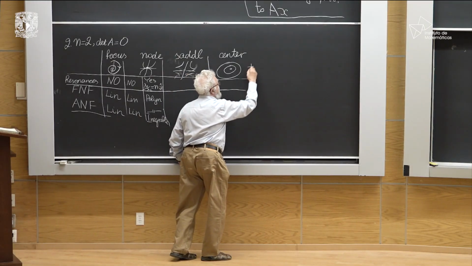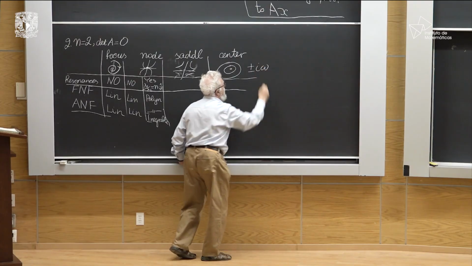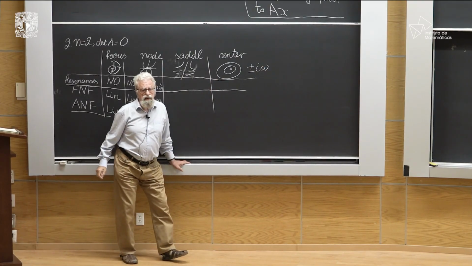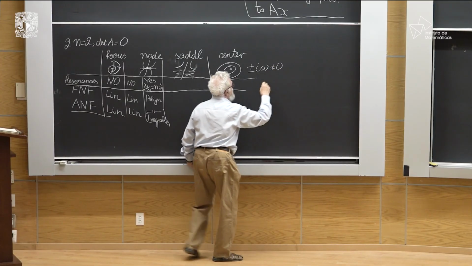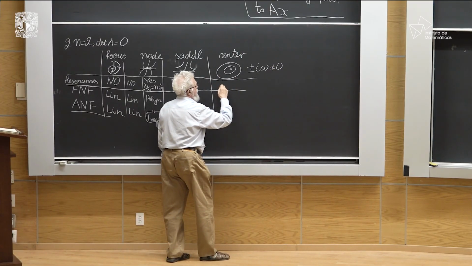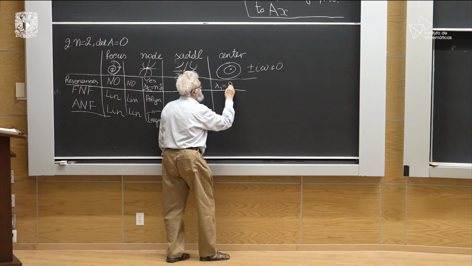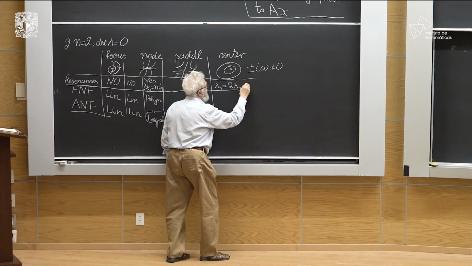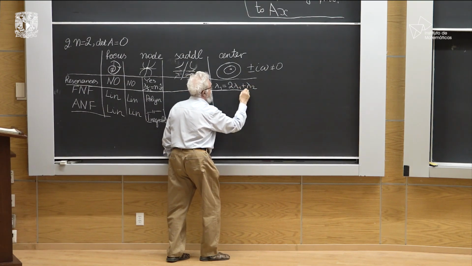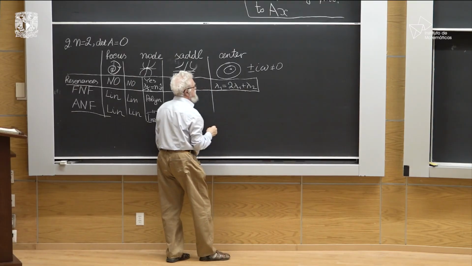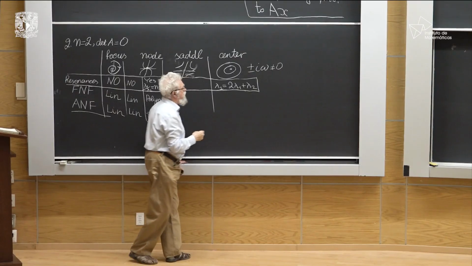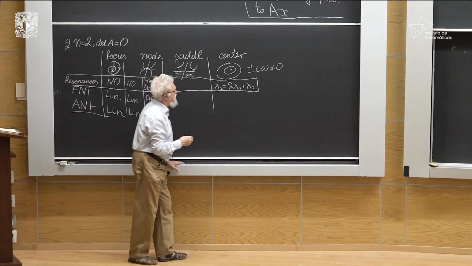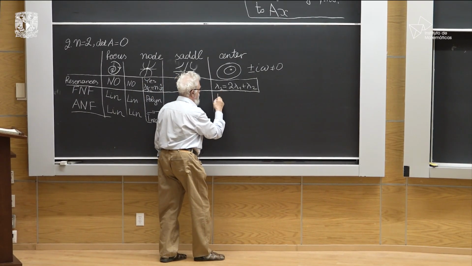What about centers? The eigenvalues are purely imaginary and non-zero. And the resonances are always the sum of the eigenvalues equals 0. Hence, the resonance is like this. So the formal normal form is integrable.